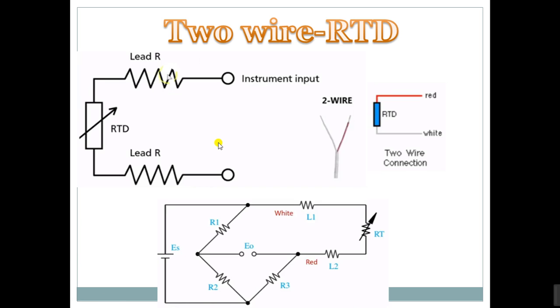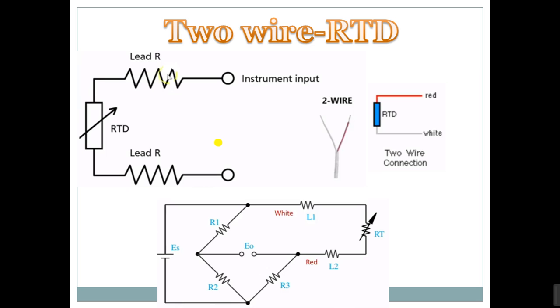These are some different configurations of RTD. The configuration may be 2 wire, 3 wire, 4 wire RTD. Depending upon the requirement, where accuracy is needed, and depending upon the location, we can use the 2, 3 or 4 wire RTD.